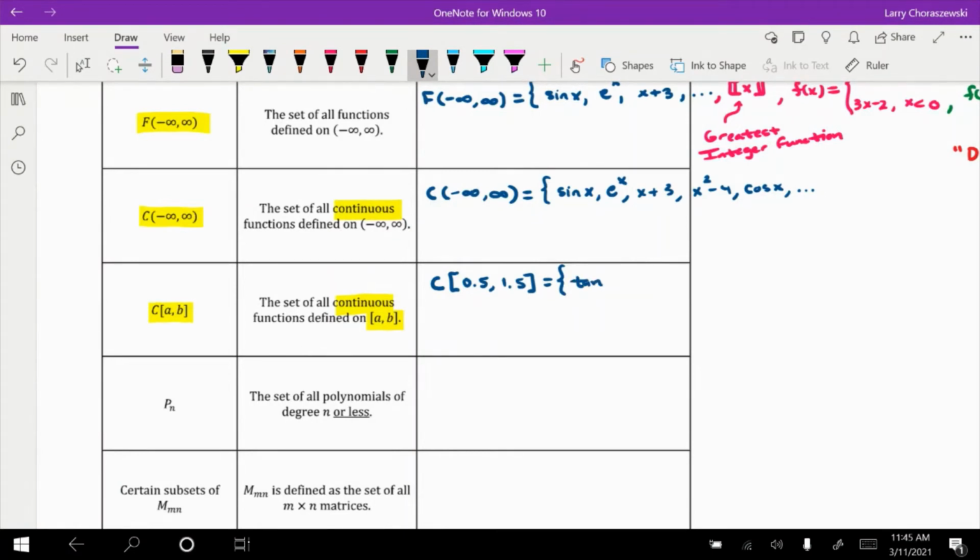So I'm going to put tangent x in here. Another function that is continuous on this interval would be the square root of x, as well as the natural log of x, and many more examples would exist. So sets like these allow for some of those functions that wouldn't ordinarily have a domain of all real numbers to become continuous here.